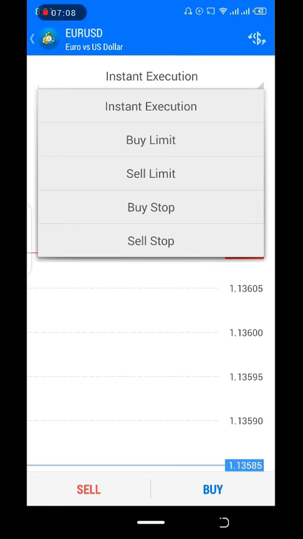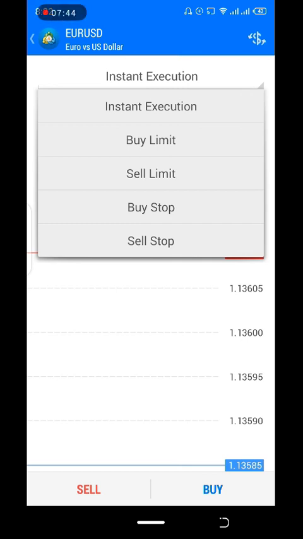Buy stop is when the market is rising, and you made an analysis that when it gets to this level, it will keep rising. So buy stop means I'm going to keep buying when the market reaches a certain level. Sell stop, likewise: the market is selling, and you made an analysis that it's gonna sell up to this level, so when it gets here, it's gonna pick your sell, and then it's gonna keep selling.